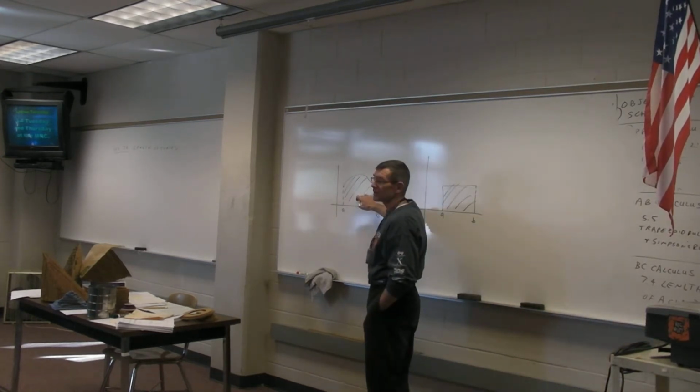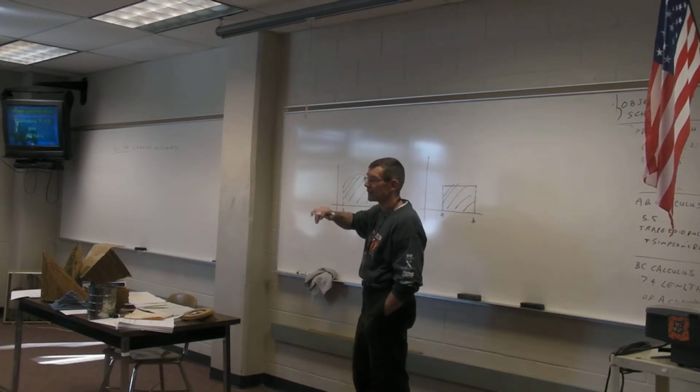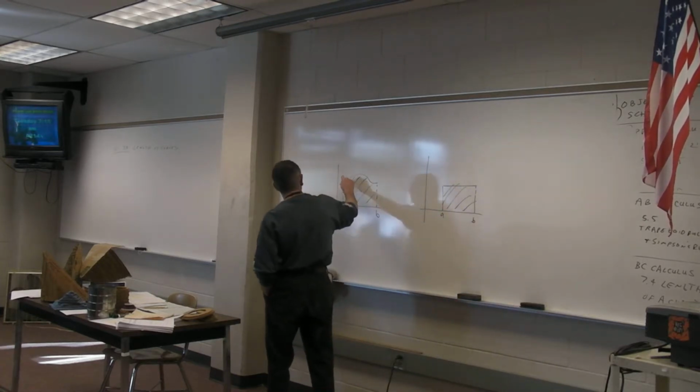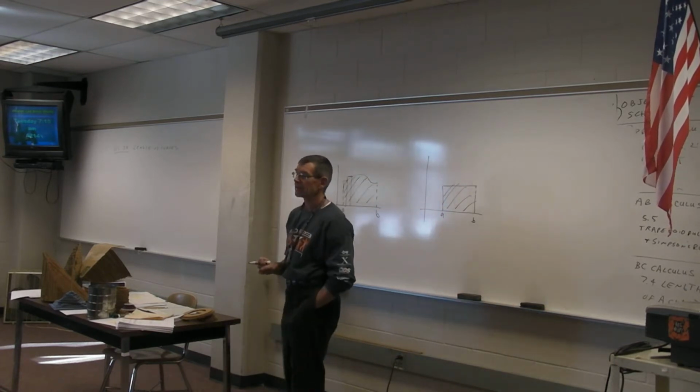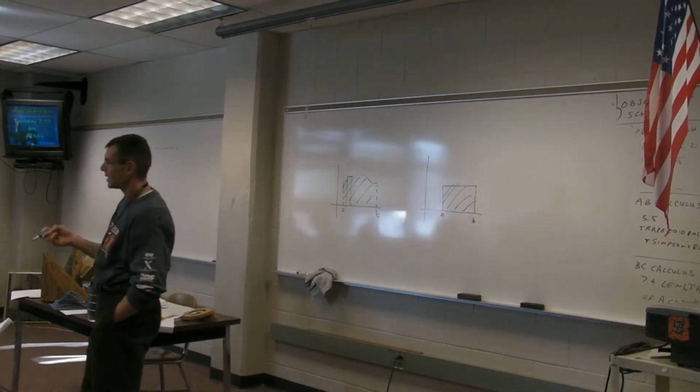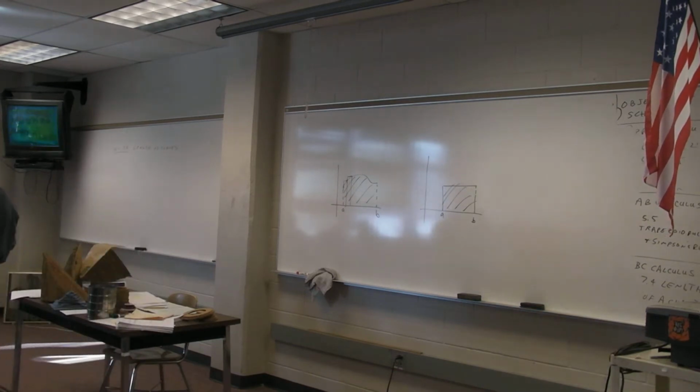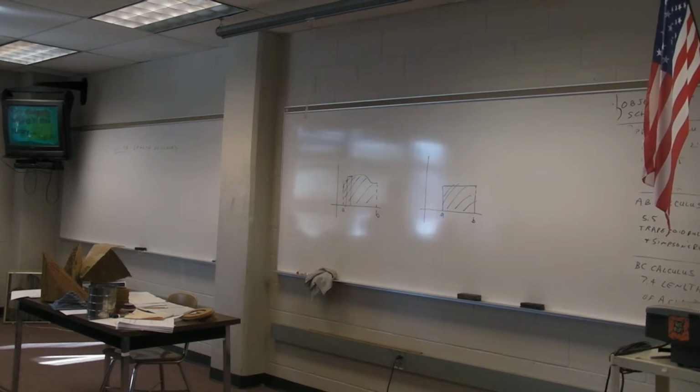It wasn't so easy under this because the curve didn't have a set formula, so what did we do? We sliced it into rectangles and added up all the rectangles, and we got an approximate area. And then we got an exact area by doing what with the rectangles? Making them real small, real thin, which means we are basically adding an infinite number of rectangles.